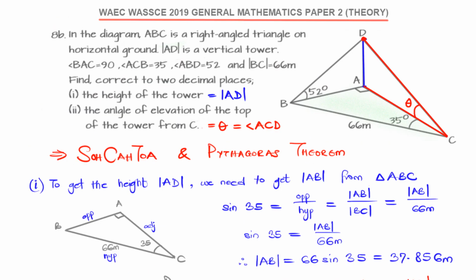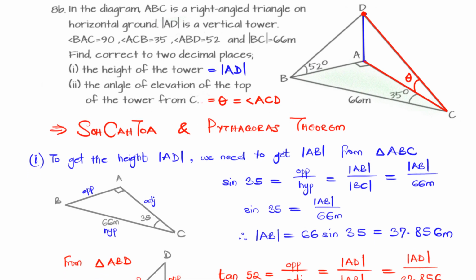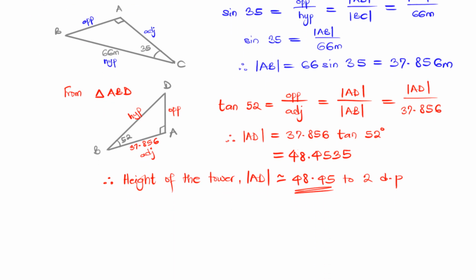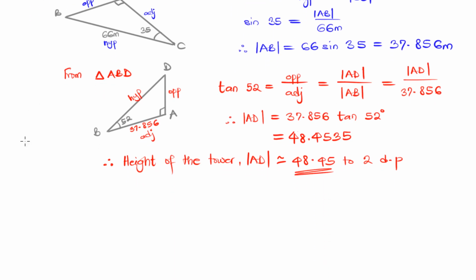So with that being done, we can now go ahead to find the angle of elevation of the top of the tower from C. All right, let's see how we can go about solving that. That's the other question that we're asked to solve.